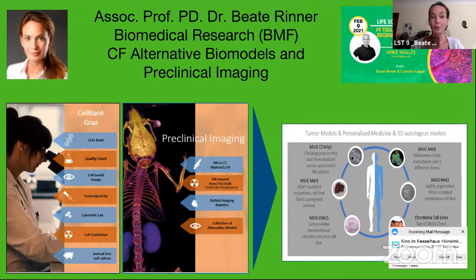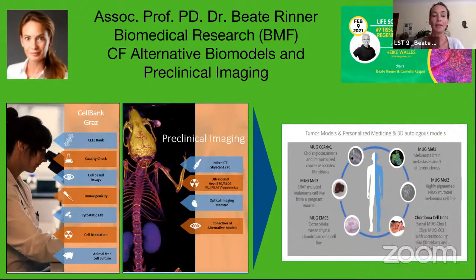We have a preclinical imaging unit with a new, really great MicroCT from Bruker, the SkyScan. Then we have a very innovative ultrasound system, and now we get a new optical imaging. Our aim is to really reduce animal experiments, and therefore we also collect all alternative models for animal experiments.